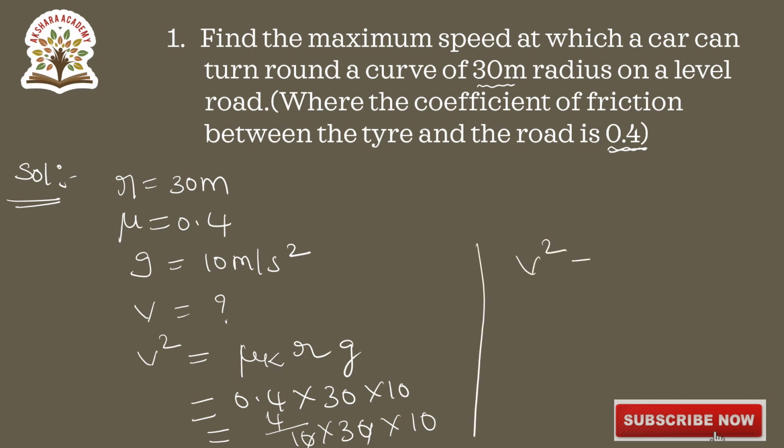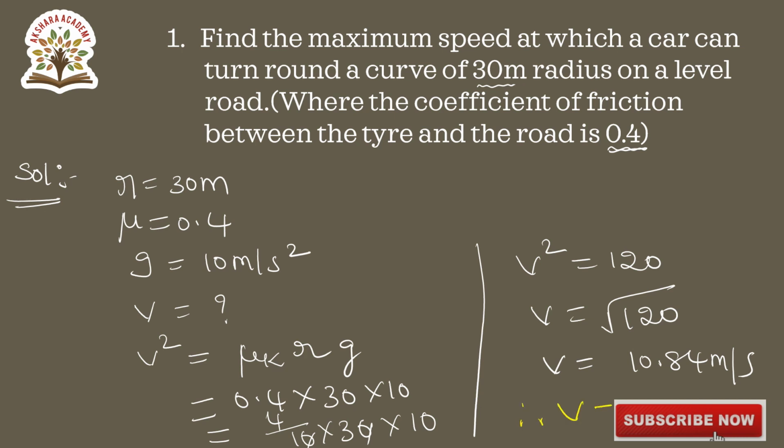So V square is equal to 120. V is equal to square root of 120, which is 10.84 meters per second. This is the maximum speed. Therefore the final answer is V is equal to 10.84 meters per second. This is the maximum speed of the car.